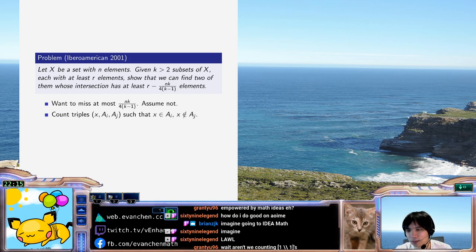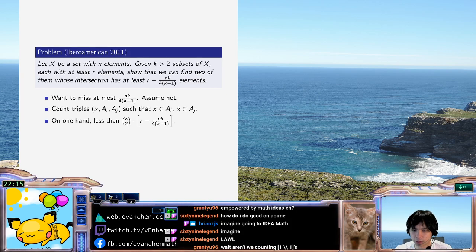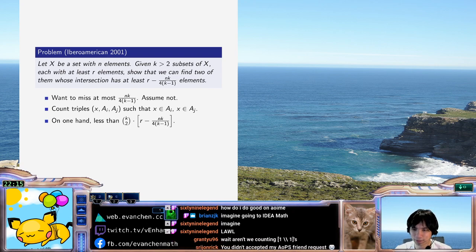We'll count ones. So on one hand, given the assumption it's worse than that, and on the other hand, it's less than k choose 2 times that fraction.